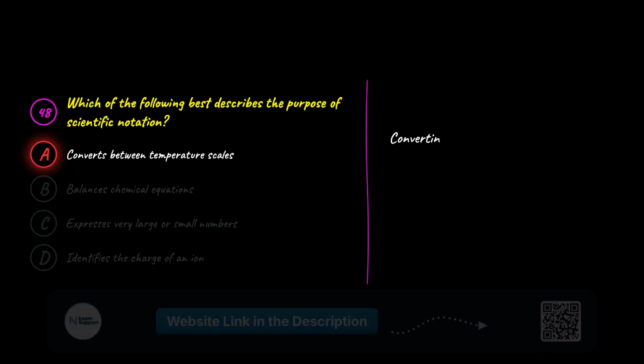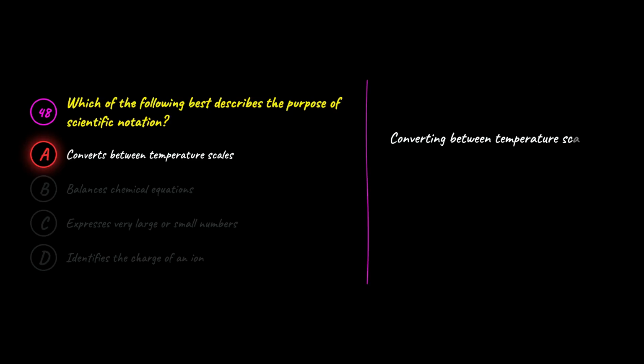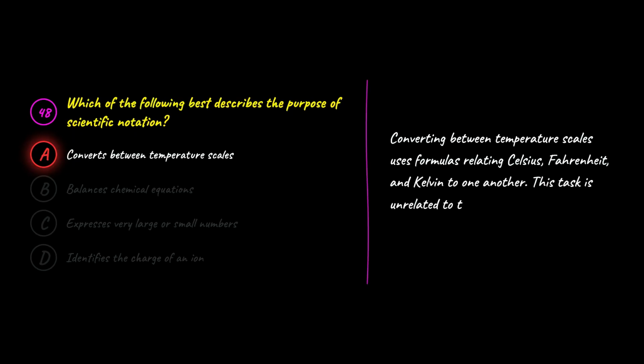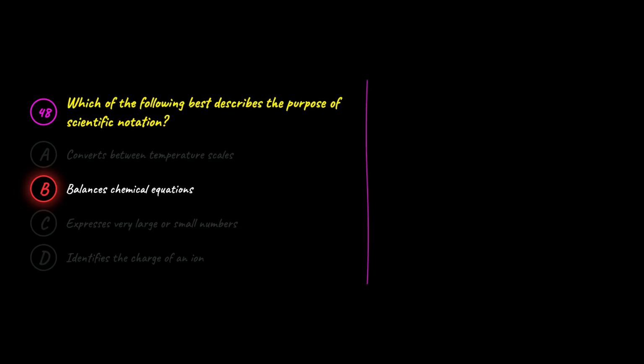A is wrong because converting between temperature scales uses formulas relating Celsius, Fahrenheit, and Kelvin to one another. This task is unrelated to the compact notation system used to write extreme magnitudes simply in science. B is wrong because balancing equations applies the conservation of mass by adjusting coefficients carefully.